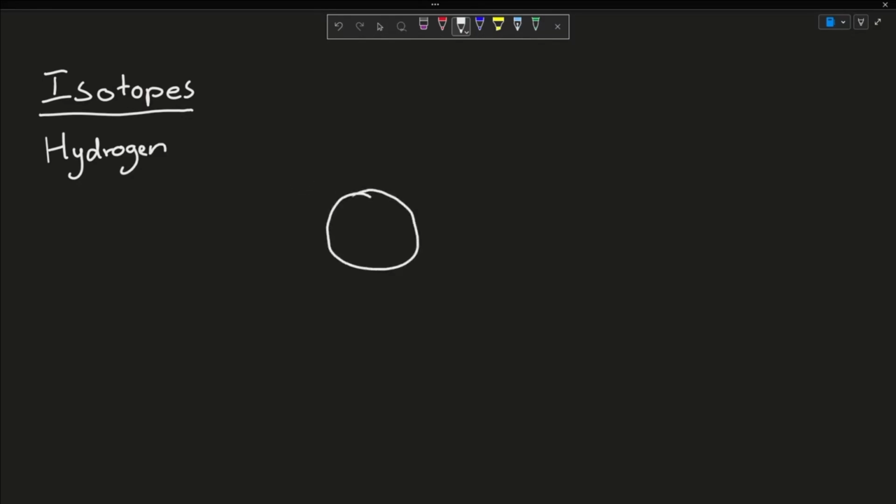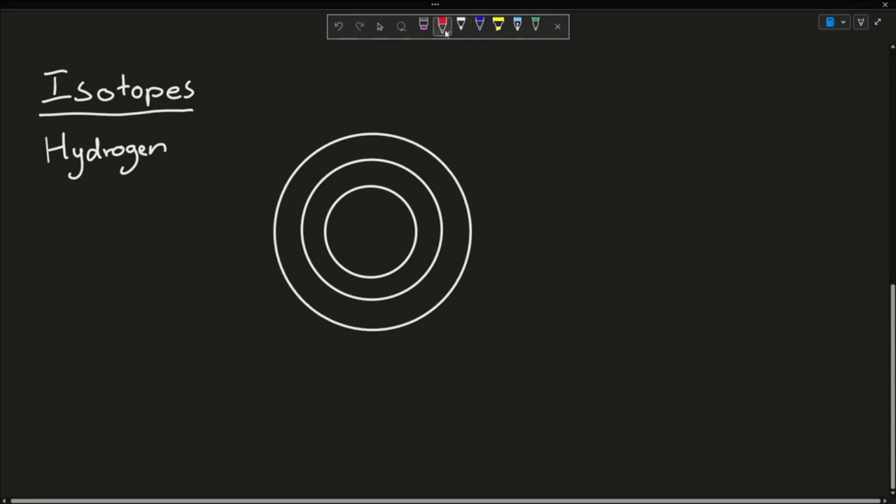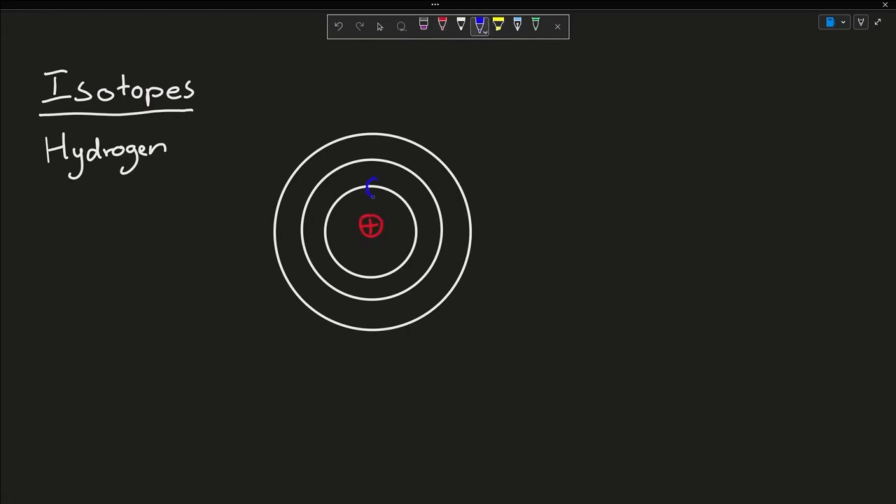So if we draw out what a hydrogen atom looks like, we'd have our distinct energy levels, and then our nucleus only contains one proton, which is surrounded by one electron in the first energy level. See, there are no neutrons, and we know that this atom is hydrogen because it only has one proton.